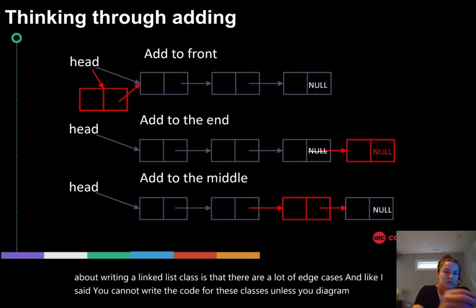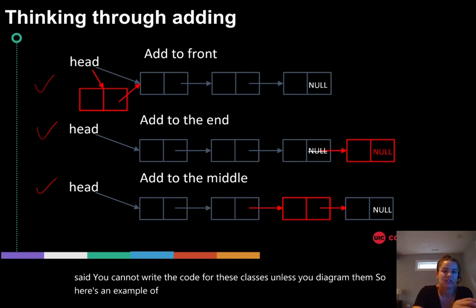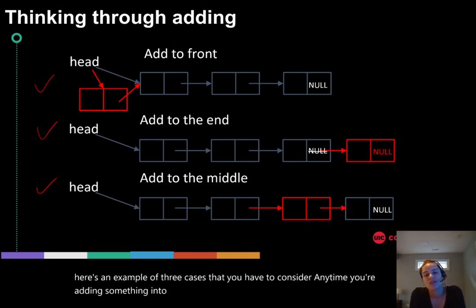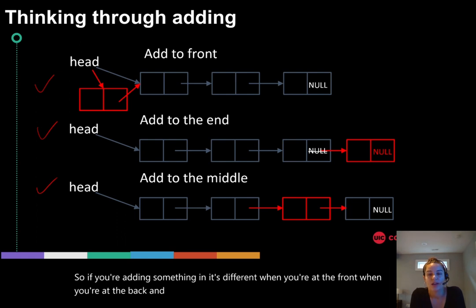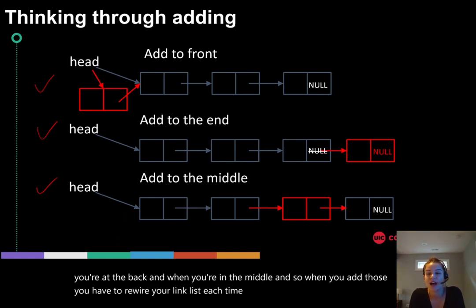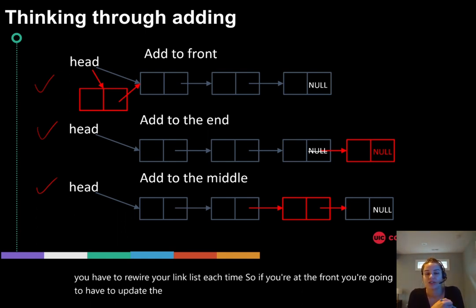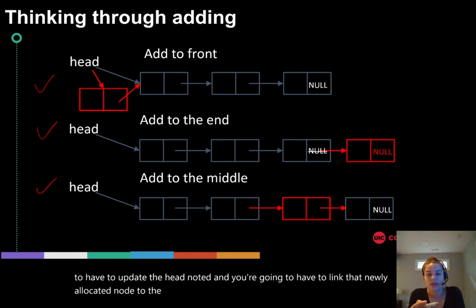So here's an example of 3 cases that you have to consider anytime you're adding something into your linked list. If you're adding something in, it's different when you're at the front, when you're at the back, and when you're in the middle. And when you add those, you have to rewire your linked list each time. If you're at the front, you're going to have to update the head node, and link that newly allocated node to the front of the linked list. That's slightly different code or consideration than to the end.